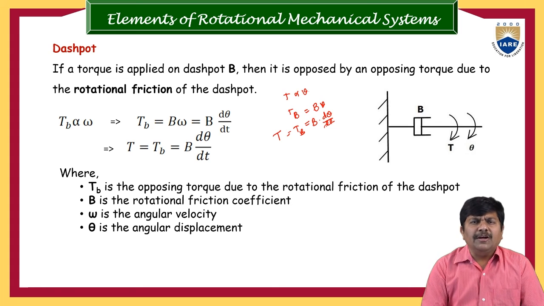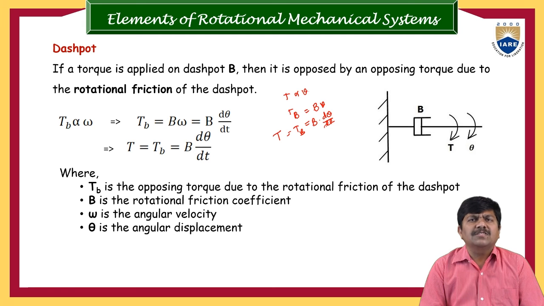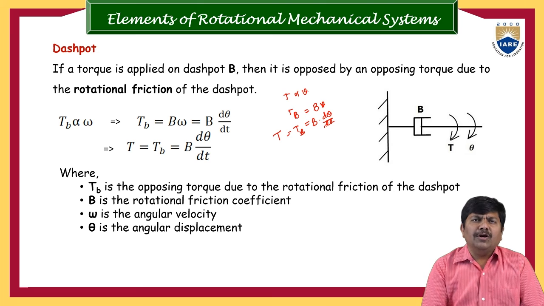In translational systems, friction is generated between two contact surfaces. To bring the actual scenario into the mathematical model, the point where friction exists in the mechanical system is represented with a dashpot.